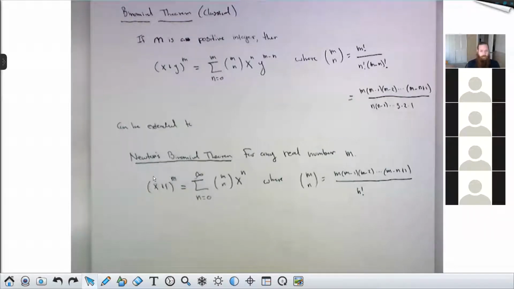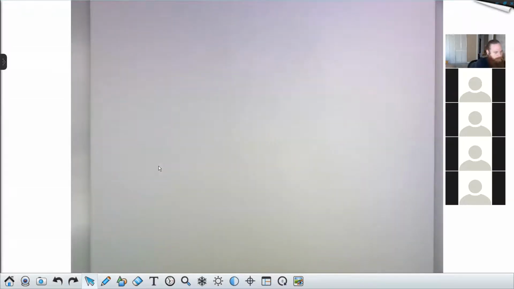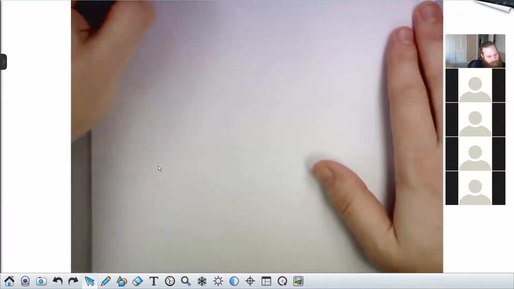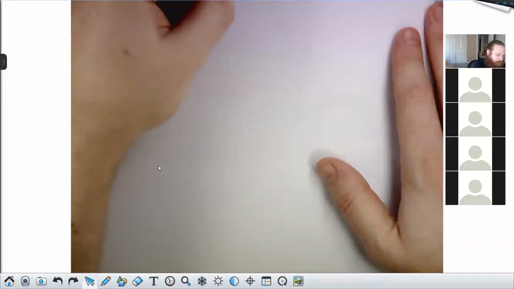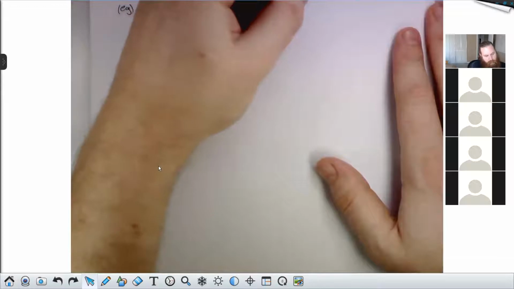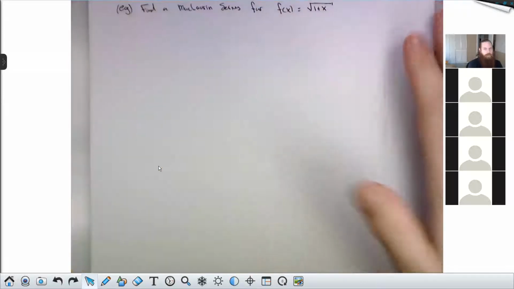So let's see kind of where this comes from by doing an explicit example. So let's find a MacLaurin series for the square root of 1 plus x.